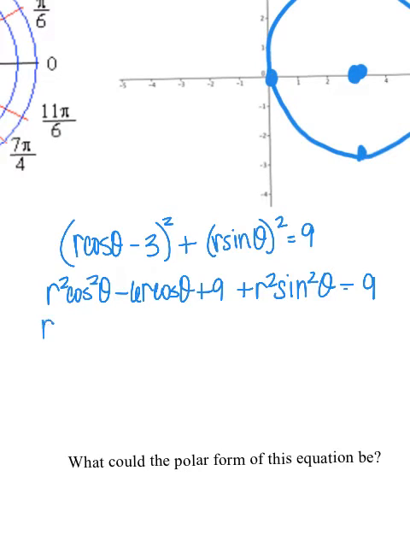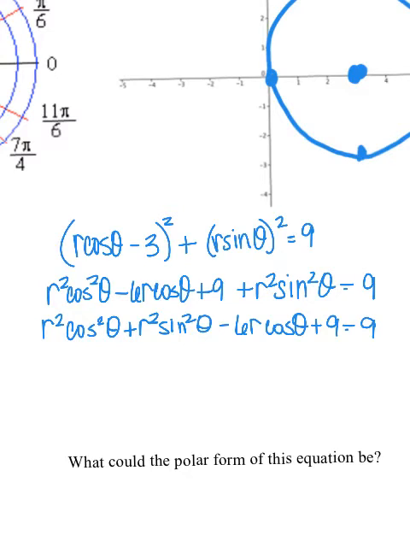And now let's rewrite this. So r squared cosine squared of theta plus r squared sine squared of theta minus 6r cosine of theta plus 9 equals 9. Well, we know from our previous example that we can factor the r squared out right here.